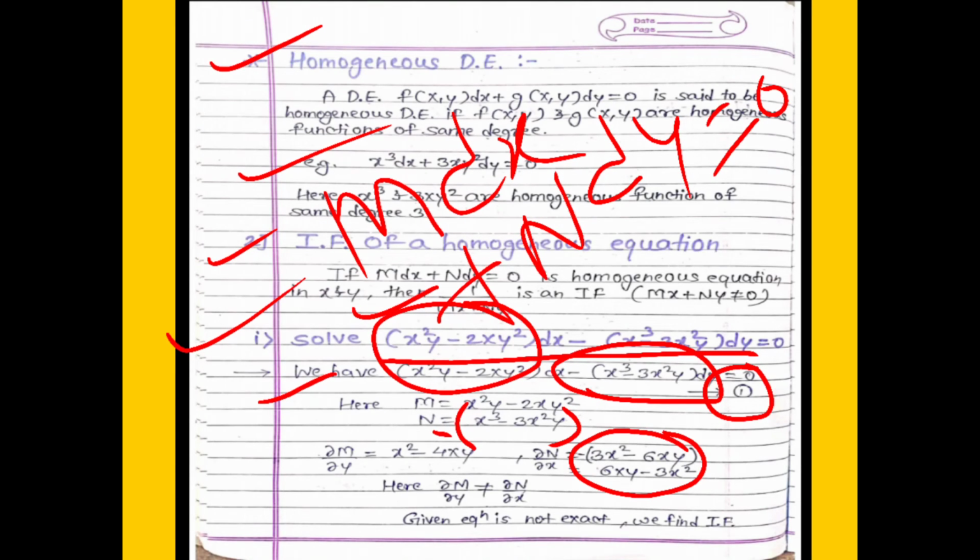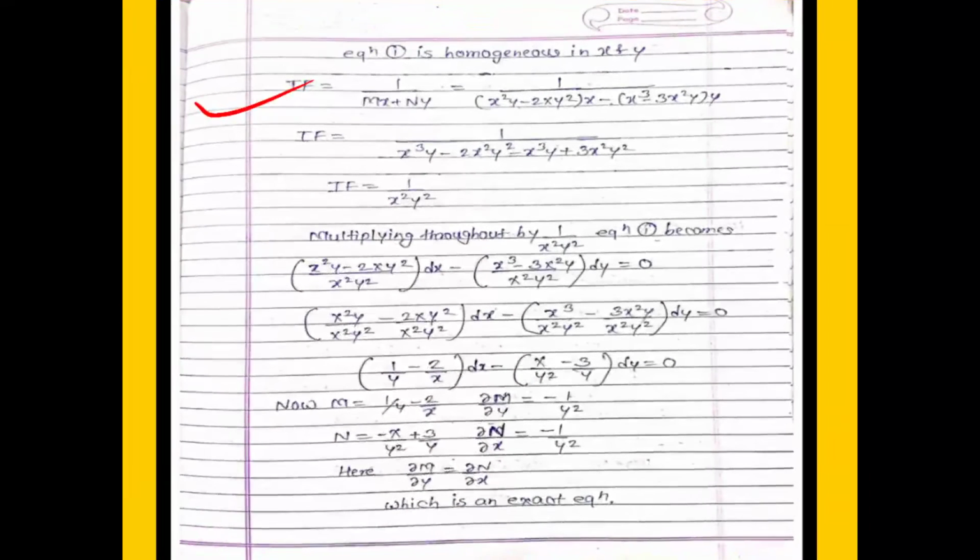Then after multiplying N by y and after solving, you will get IF equals 1 upon x square y square after simplification. Now after finding the IF, you have to multiply this IF to equation 1 and solve.